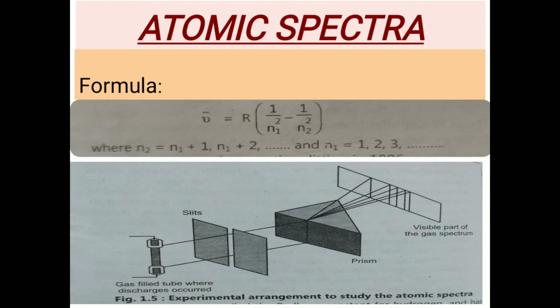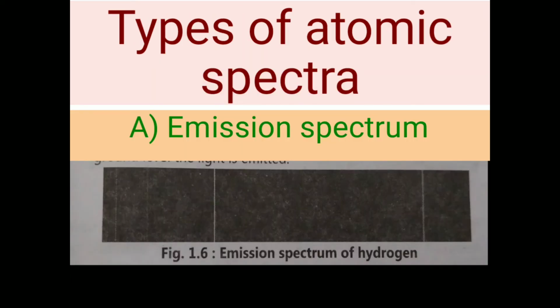There are two types of atomic spectra. The first one is the emission spectrum or emission spectra.